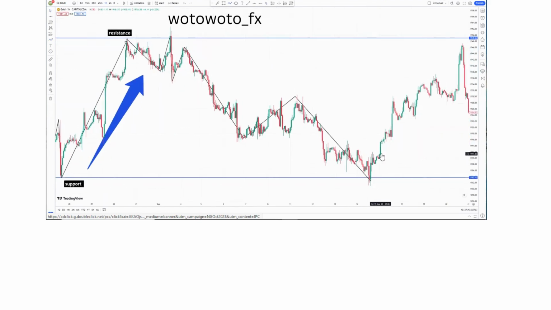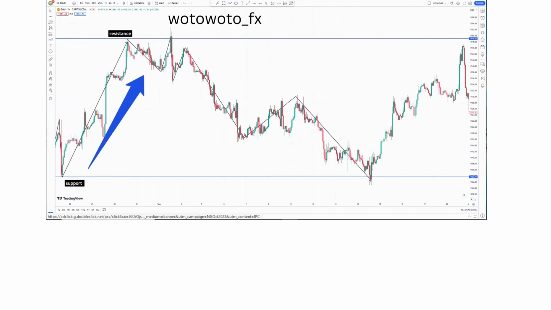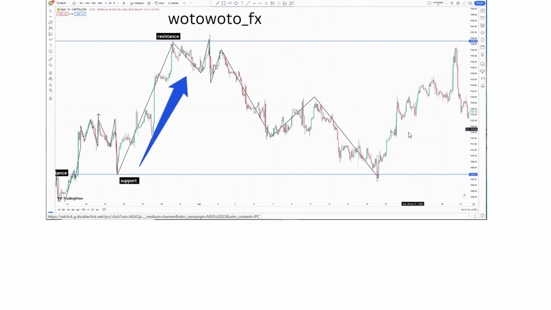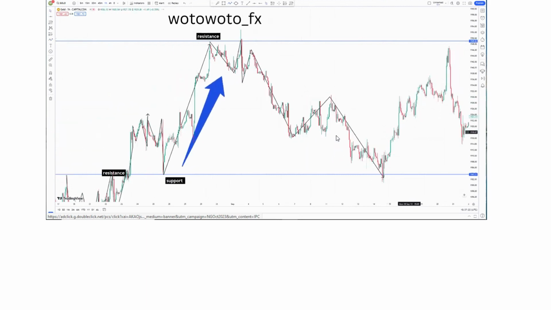Support level. Like, I would want you guys to actually understand what I'm doing. Price did what? Came back to this support level. So now, price came back here to this support level. I see it.